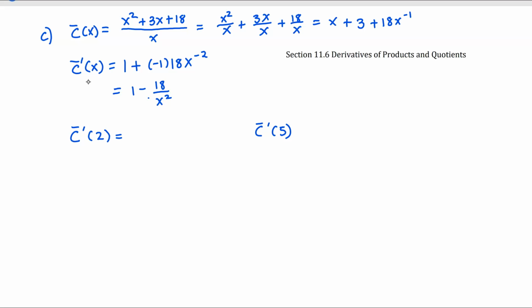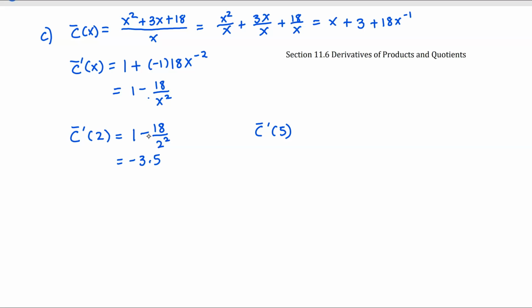So this is equal to 1 minus 18 over 2 squared. 2 squared is 4. Simplifying this using your calculator, you get negative 3.5.